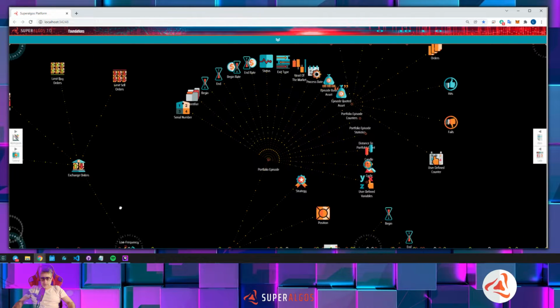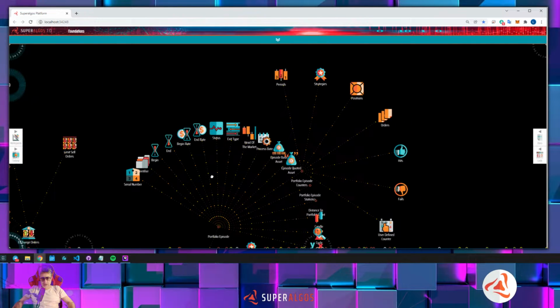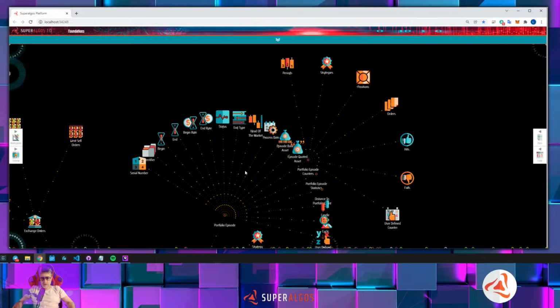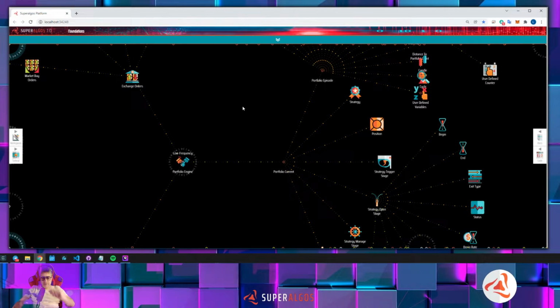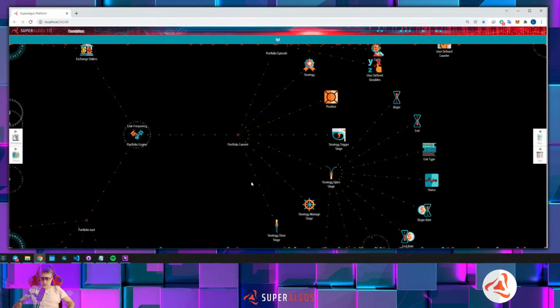From here we will rescue the portfolio episode. That is a concept that survives. But first we are going to start cleaning what is obviously things that we don't really need. For example, all of this stuff.